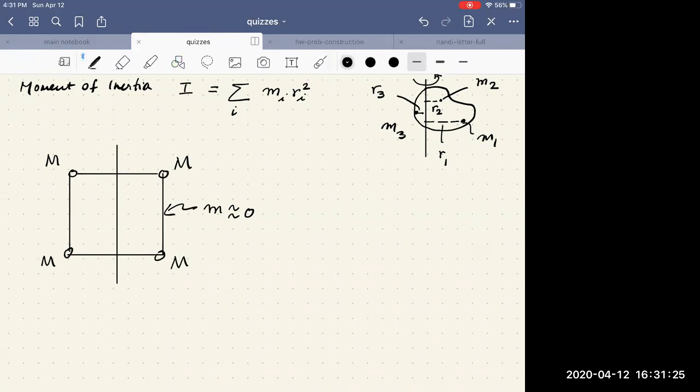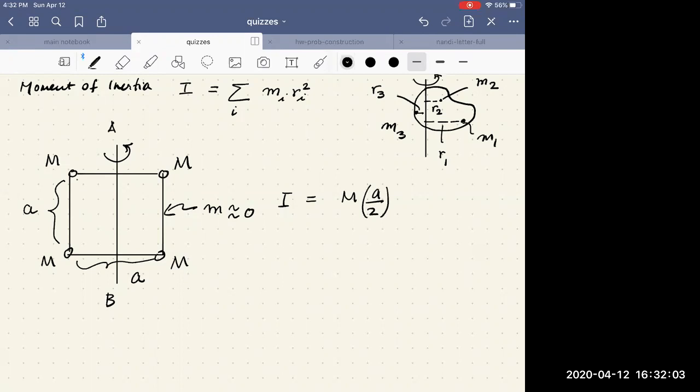And let's say this distribution of 4 masses is rotating about this axis. I don't particularly care about the rotation. I'm just interested in calculating the moment of inertia of the distribution of masses about the axis. Let's call it AB. And let's say the sides here each are of length a. So in that case, I can simply say that the moment of inertia I would be M times a over 2, because that's the perpendicular distance.